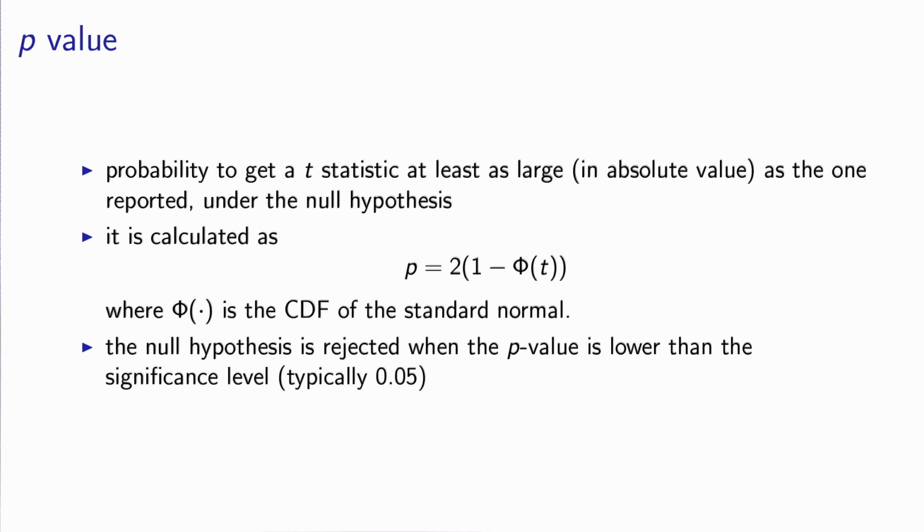If you calculate a t-statistic, you can derive the p-value using this formula: 2 times 1 minus the CDF of the normal distribution calculated at t. And now you can use the p-value exactly like you use the t-test. In practice, you would reject the null hypothesis when the p-value is lower than the level you are targeting, typically 5%. So if p is lower than 5%, you would reject the null hypothesis.